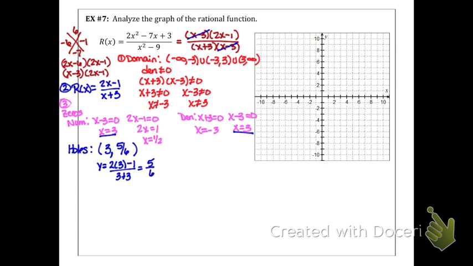All right, then our vertical asymptote, remember, is the zeros that are unique to the denominator. So unique to the denominator is just that -3. So x equals -3. And then it wanted the horizontal asymptote.